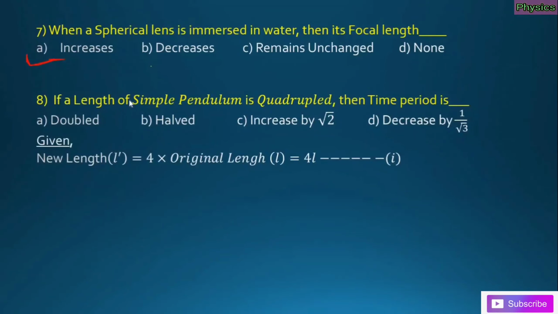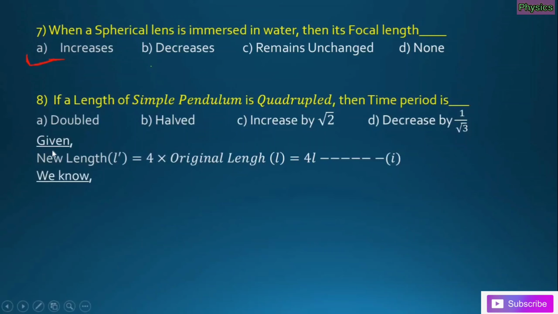If the length of a simple pendulum is quadrupled, that is, it becomes 4 times, then the time period is doubled, halved, increased by root 2 times, or decreased by 1 by root 3. New length, let it be L', that is 4 into the original length, that will become 4L.